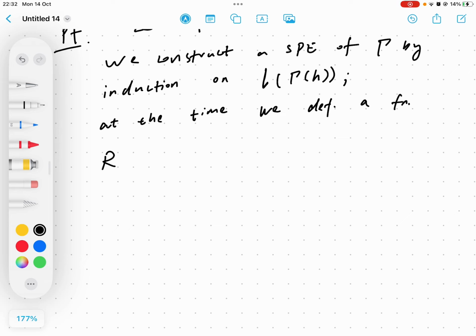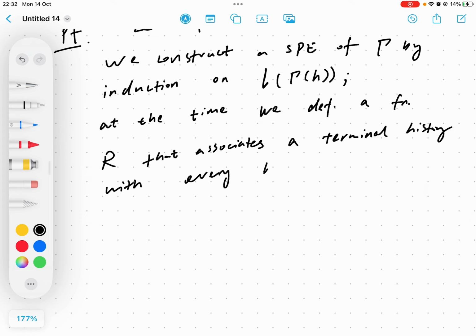It's called the R function, as mentioned in the textbook. So this R function associates a terminal history with every history H.